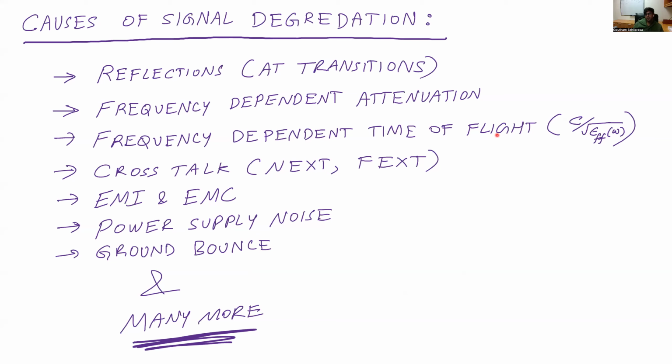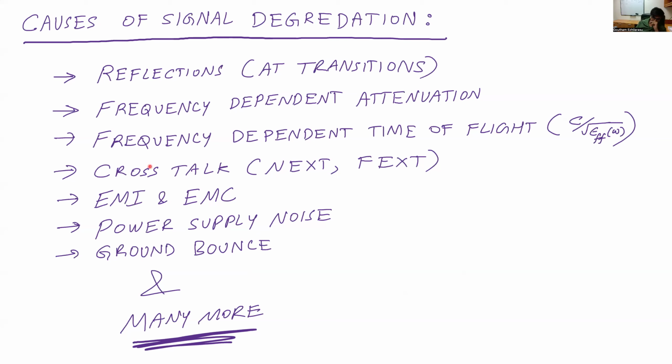So they would end up having a different effective index and therefore a different time of flight. And therefore, this frequency-dependent time of flight will cause some of the frequency components of the signal to reach at a certain time, and the higher frequency components could be more delayed. And therefore, when you put all the frequency components together to recover the signal, it can end up being distorted. There's also the phenomenon of crosstalk.